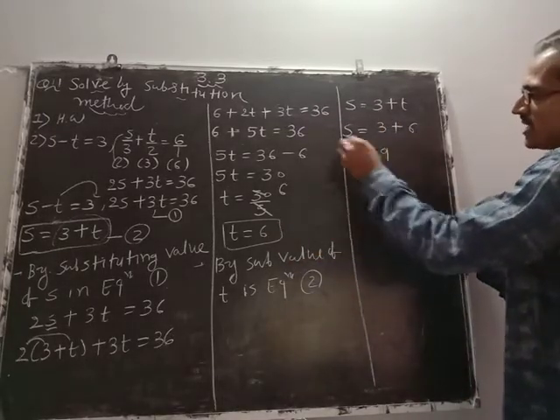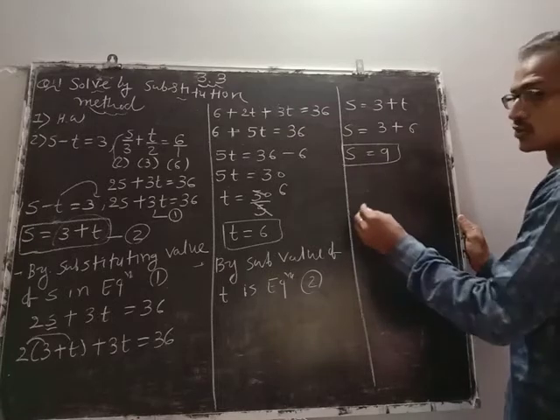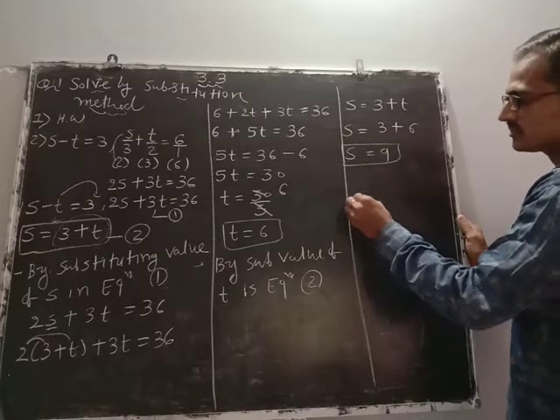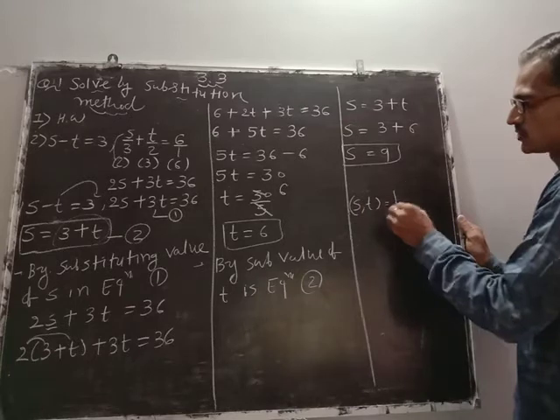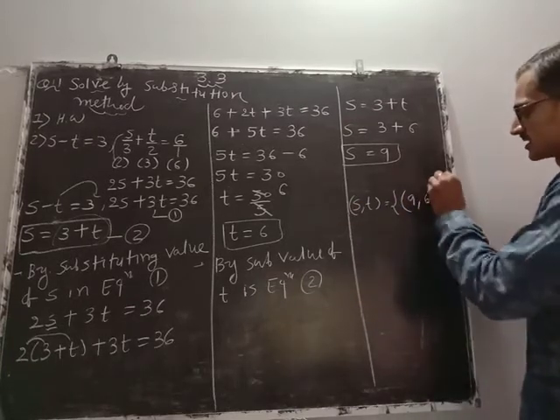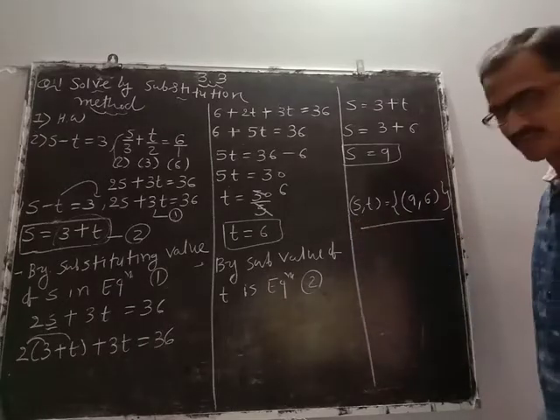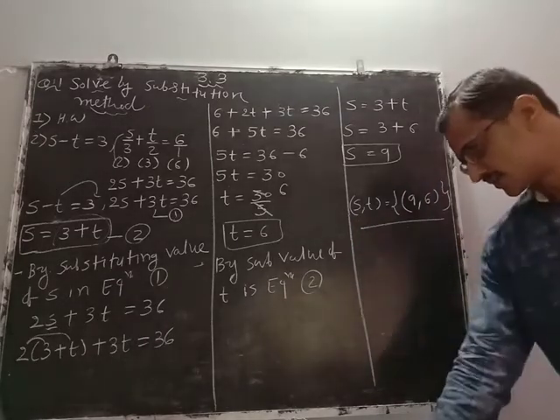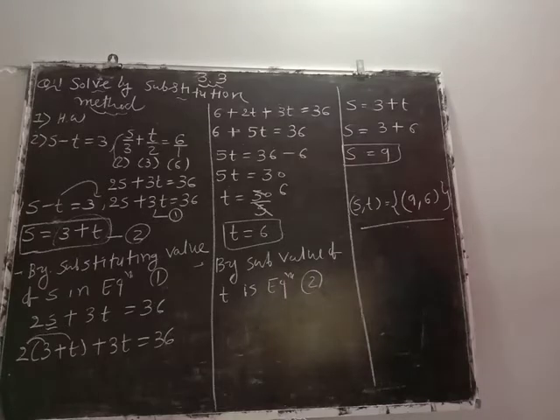So S is going to be 9. So our solution is S equals 9 and T equals 6. Solve. Okay, go through it. Then we solve the next one.